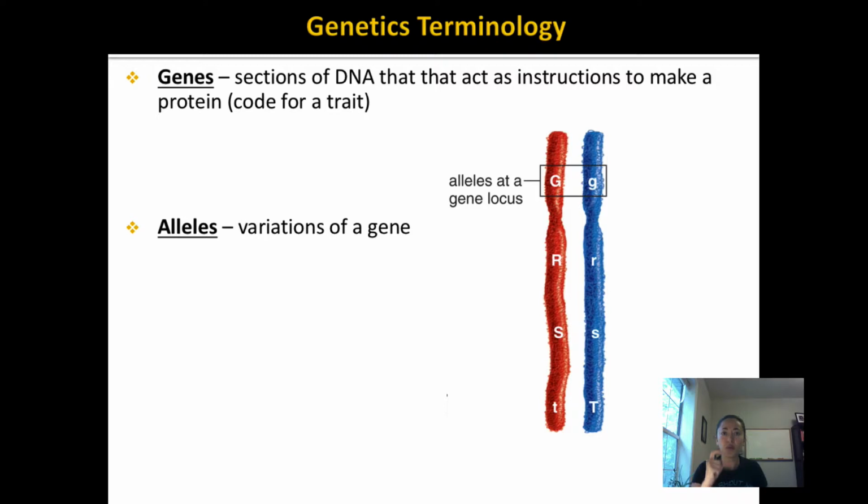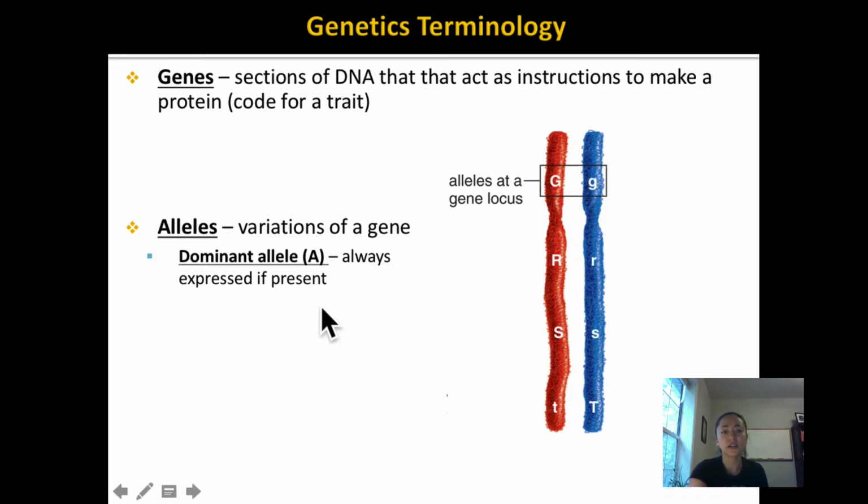Okay, so they will always express that dominant allele or that dominant variation of the gene. And we usually indicate that an allele is dominant by using a capital letter. Okay, so a dominant allele is represented by this capital letter.